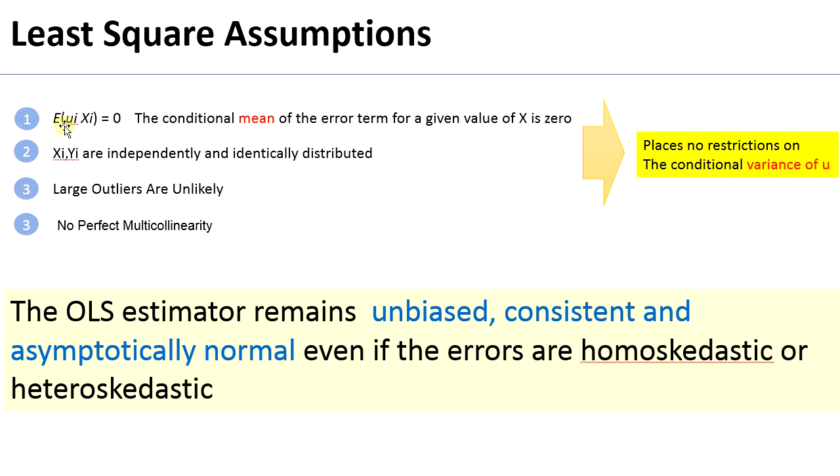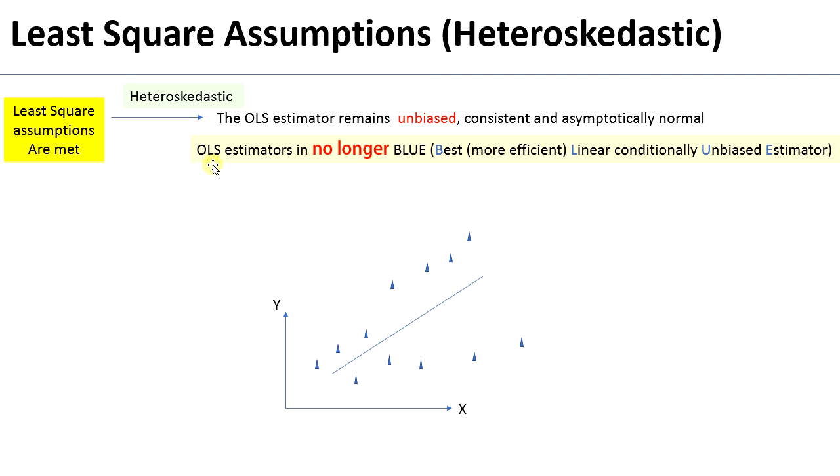But the issue is that if the errors are heteroskedastic, the OLS estimator is no longer BLUE. In other words, the OLS estimator is no longer the efficient estimator.